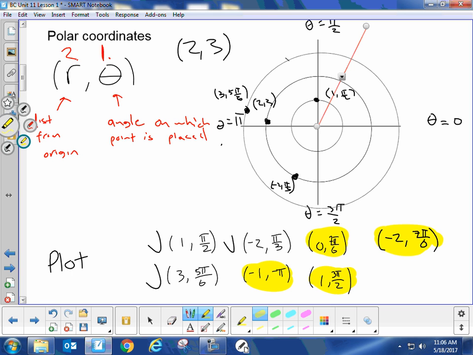This is review. Yes, this is review. Yeah, backwards.